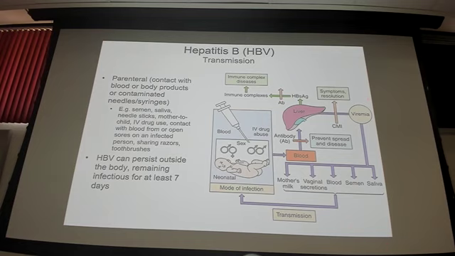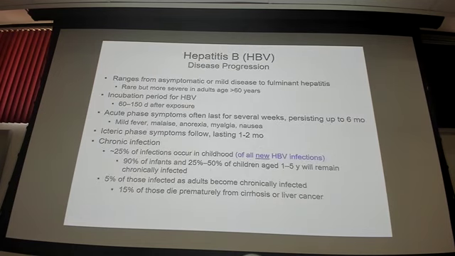But the immune response is what we're going to talk about next, for the next couple of slides, and how important it is and how it determines whether you resolve the infection and it's just an acute case of hepatitis, or whether you progress into a chronic disease state for this virus.